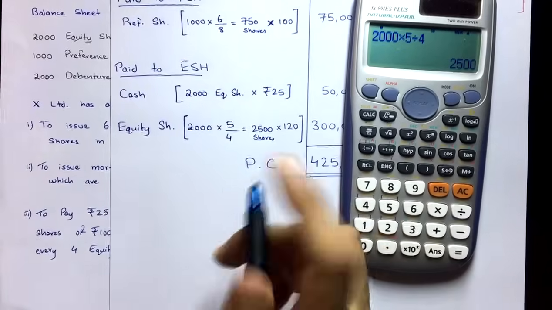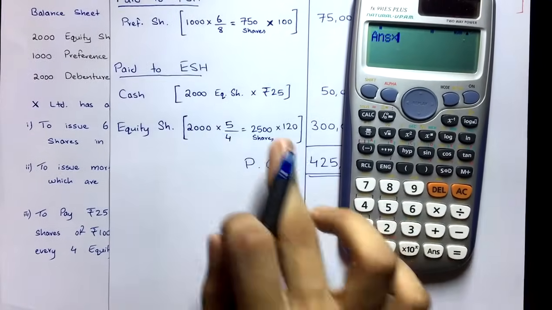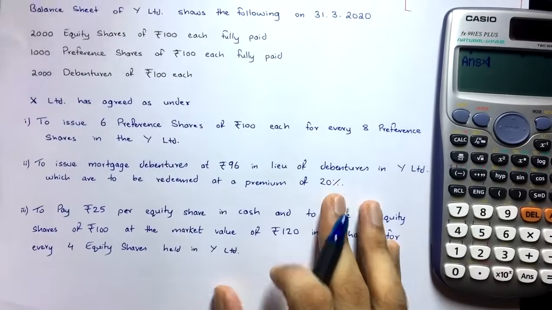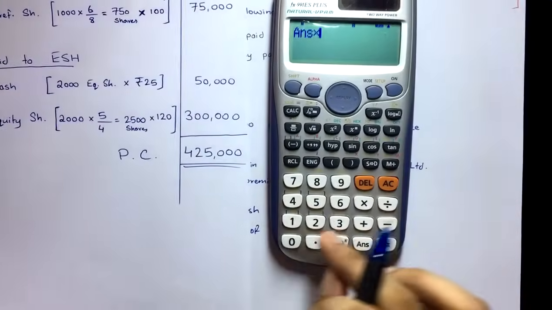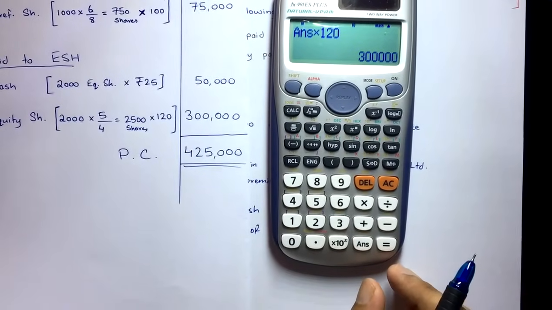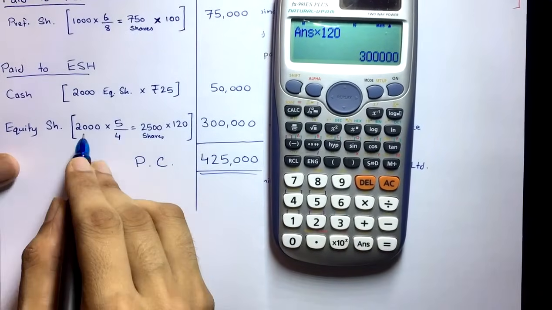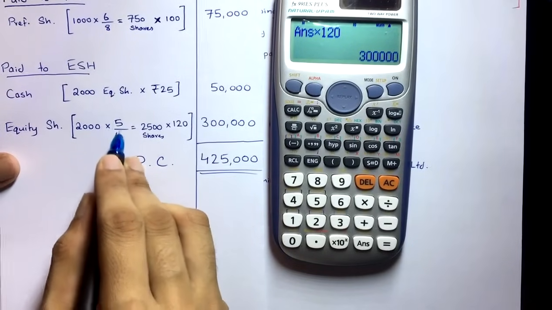X Limited is going to issue 2500 shares at the issue price, always the issue price, that is rupees 120. So 2500 into 120 is equal to 3 lakh. Simple. First you took the balance sheet number of equity shares into the ratio 5 by 4.